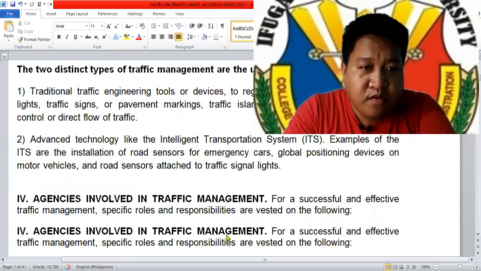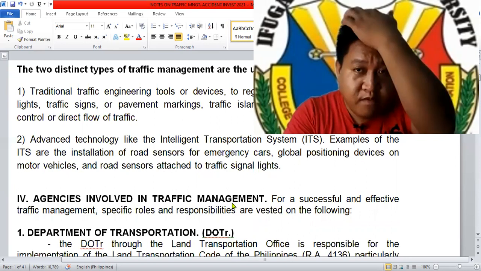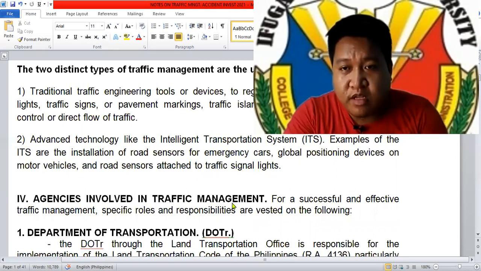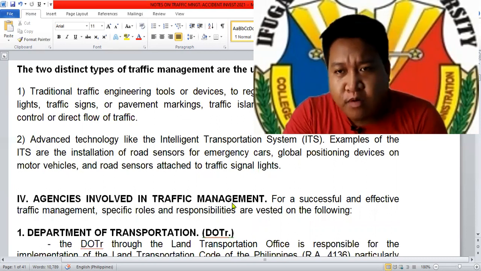The next is, of course, the agencies involved in traffic management. So in the Philippines, as I said before, traffic management is a multi-approach program.